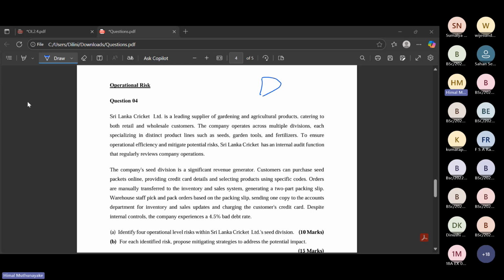As one student said, everything is being done in a manual way. Even though the orders are coming online, some of the more important things are coming manually, right? So what risk can you identify? One is that you have manual data entry.